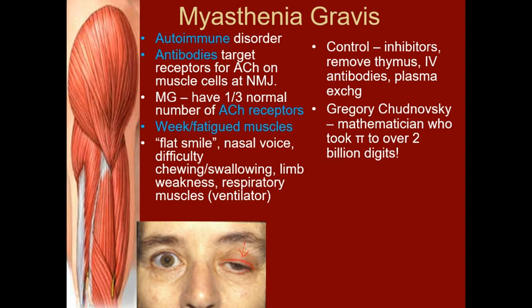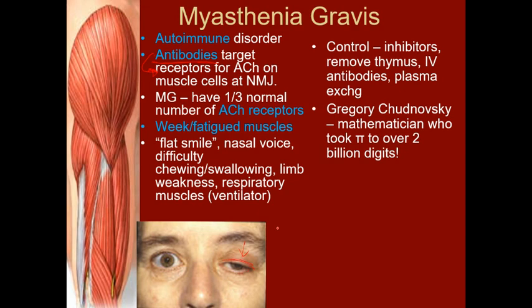And what's occurring here, unfortunately, is your own antibodies that are supposed to protect you from foreign invaders, like viruses or bacteria, kind of lose their way. They get confused. Something occurs, and instead they begin to target your own cells or parts of your cells. And in this case, the antibodies that you produce are actually targeting those little receptors I was talking about on that neuromuscular junction.